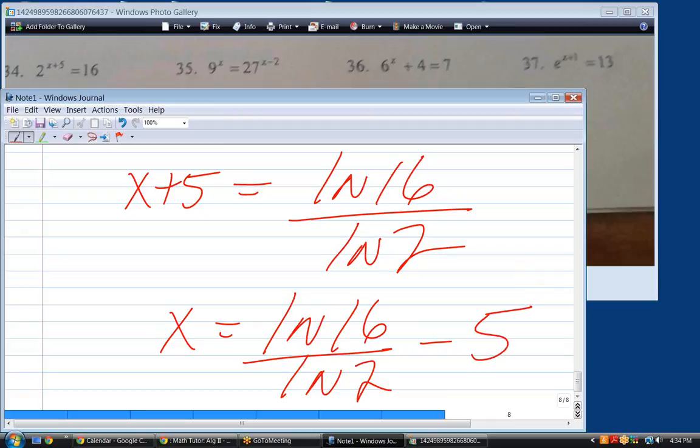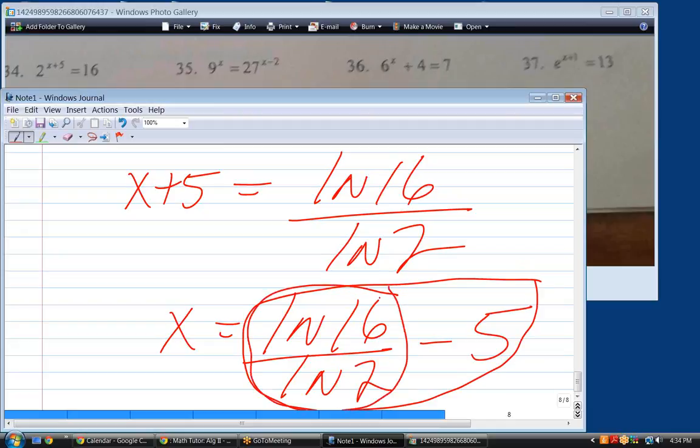And once again, this number is minus 1. This part right here will turn into 4. And 4 minus 5 is minus 1.